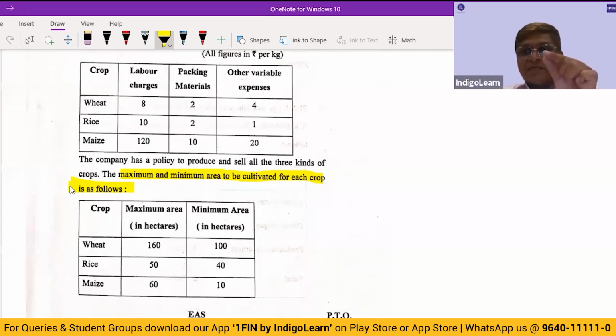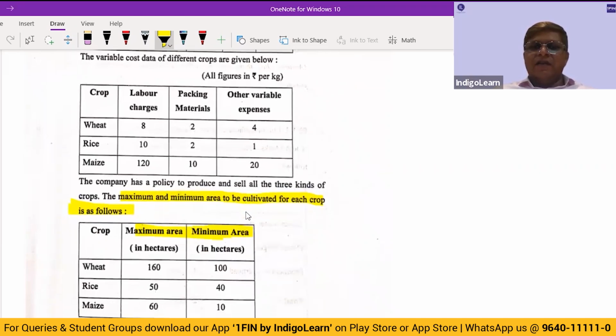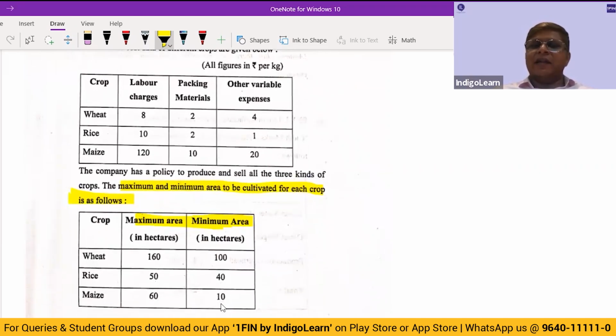But here they are giving us some conditions. There is a maximum that you can do, there is a minimum that you have to do. So when minimum and maximum criteria and a limiting factor are there, first you have to make sure that you are doing the minimum. Out of the total land of 210 acres, we have to do a minimum of 100, 40 and 10.